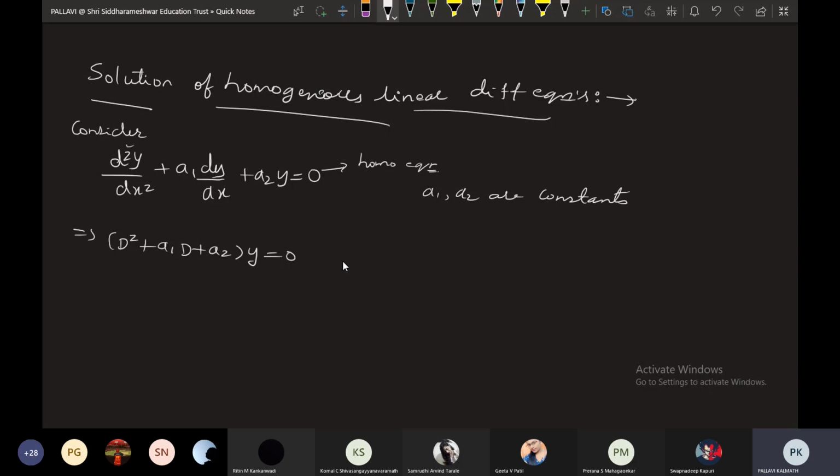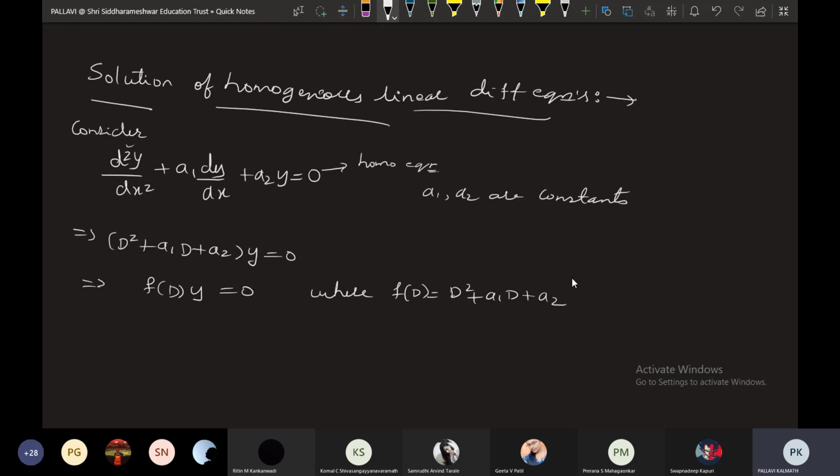So this is nothing but some function of D into y equals to 0. Therefore, what is f of D? F of D is nothing but D square plus a1 D plus a2. This is a function of D. Is it clear?